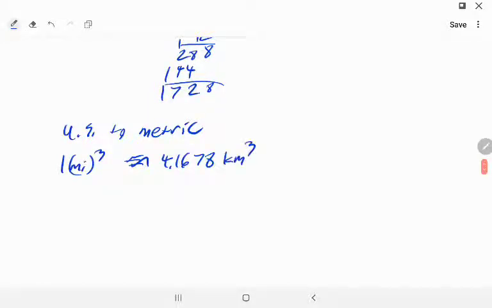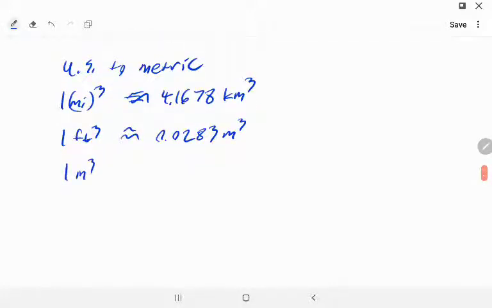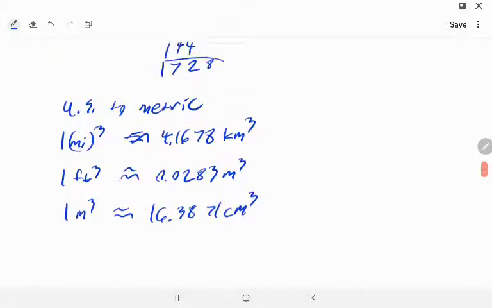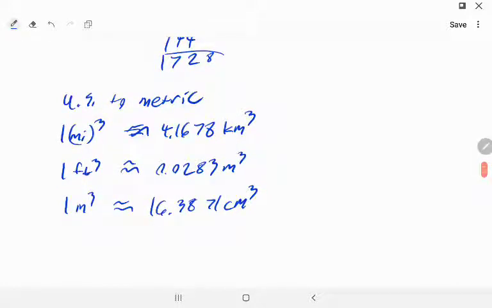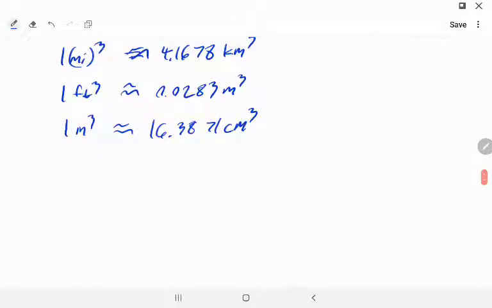We get that just by taking the 1.6093 kilometers and cubing it. 1 foot cubed is going to be approximately 0.0283 meters cubed, and 1 inch cubed will be approximately 16.3871 centimeters cubed. You're not going to see a ton of these. Converting from US to metric tends to be a very calculator-heavy question.